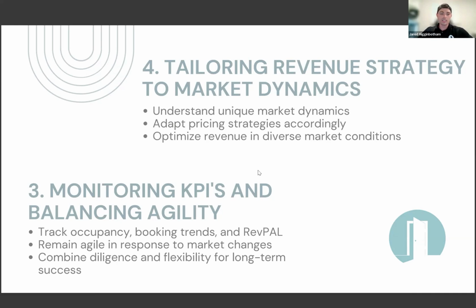So we're going to combine our due diligence in tracking these KPIs with our flexibility or our agility, and that's what's going to help us be successful in the long term. And then tailoring revenue strategies to market dynamics.